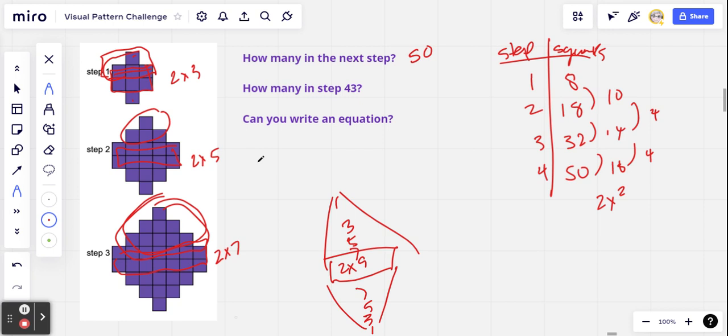So we've got a 3 and a 1 on top and a 3 and a 1 on the bottom. That's 4 and 4. In the next one, we've got a 5, 3, 1 on the top. That's 9. And a 5, 3, 1 on the bottom. That's 9. So what we're seeing here is this pattern. When you add the successive odd numbers, you get the square.